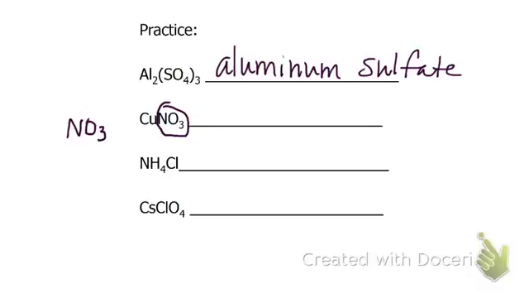First of all, what is it? Nitrate. And what's its charge? It's a -1. Okay, so if it only took 1 of those to go with 1 copper, what charge of copper do we have? 1. Okay, so we would do copper 1 nitrate.